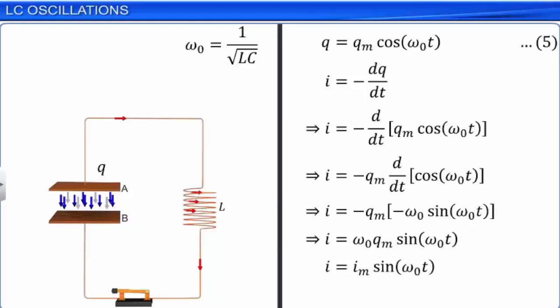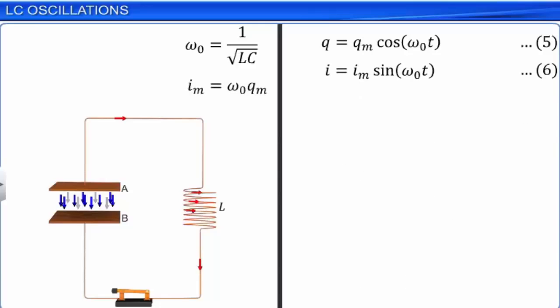Now let us analyze the LC oscillations from an energy point of view. At any instance, the energy stored in the capacitor U is equal to Q²/2C, and the energy stored in the inductor U' is equal to half LI². From our previous analysis, we know that at any given time t, the charge Q is equal to Qm cos 𝜔0t.